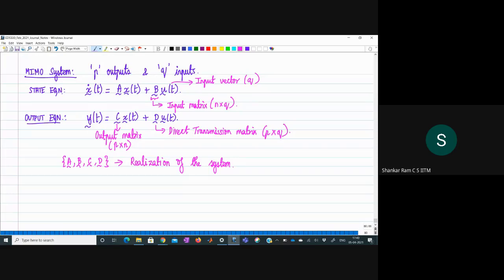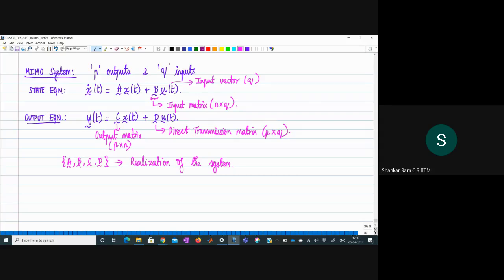Which together give us the state space representation. And we have also seen an equivalence between the state space representation and the transfer function. Okay, so we will learn more about these in the upcoming classes. We are going to build on this.